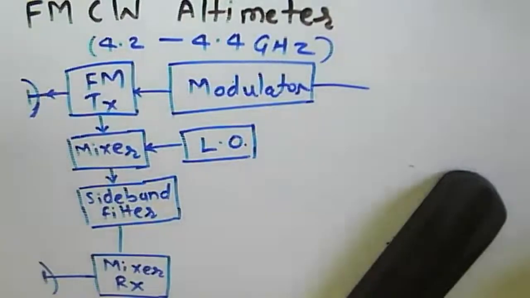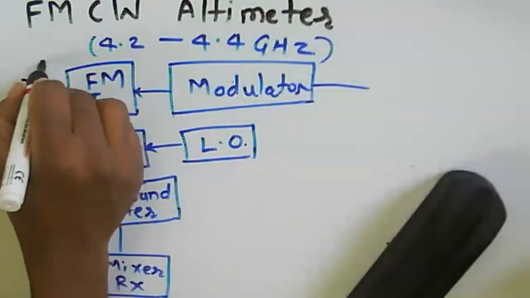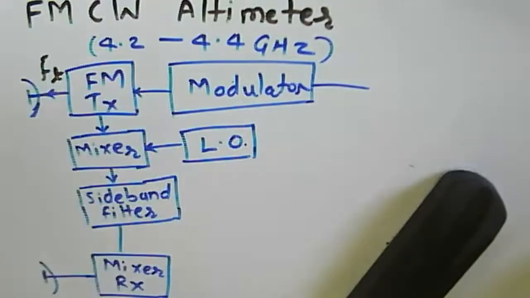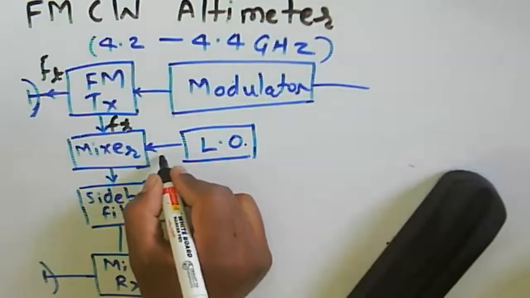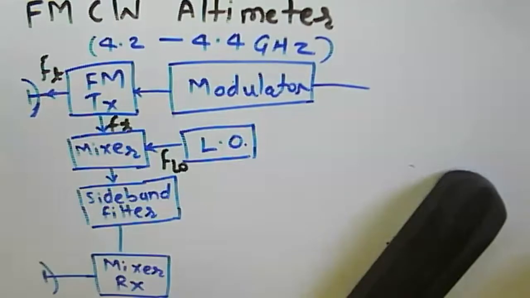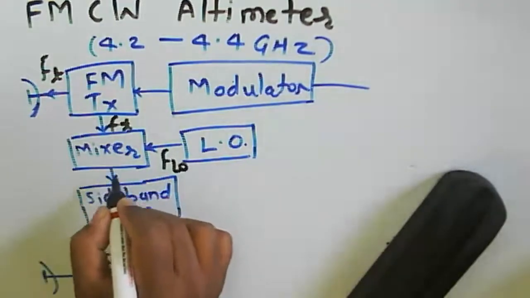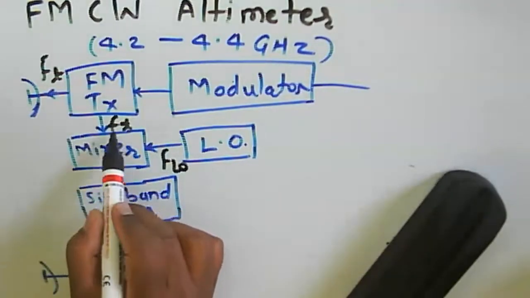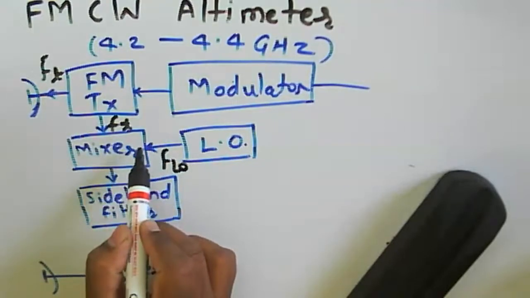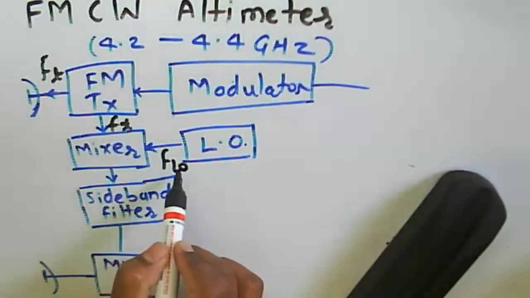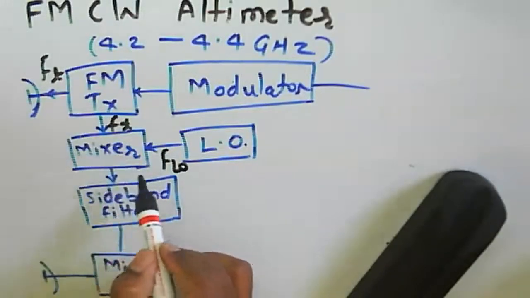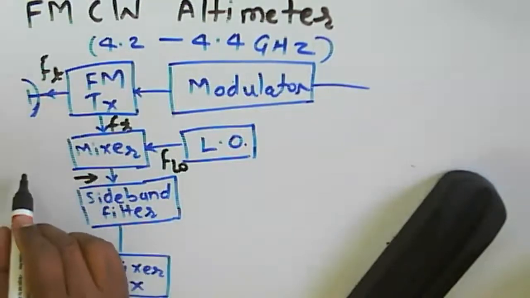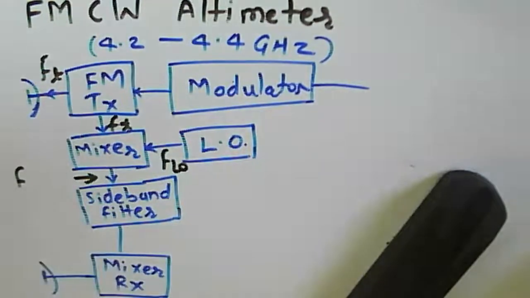Now for example, if I am supposed to write in terms of frequency, we have a transmitted signal here, that is ft. Here we have a transmitted signal, and here we consider a local oscillator signal. But at a mixer, we are supposed to get two components: ft plus flo and ft minus flo. So the mixer is providing the components, generally the difference component is propagating.